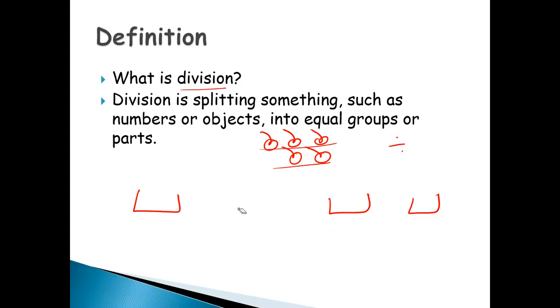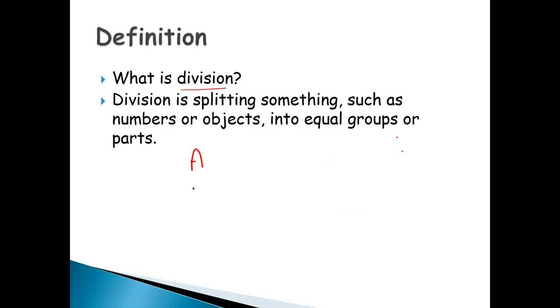Or, for example, let's say we have 3 sections in grade 4, section A, section B, section C. We want to distribute the students in classes. Let's say we have 90 students in grade 4.